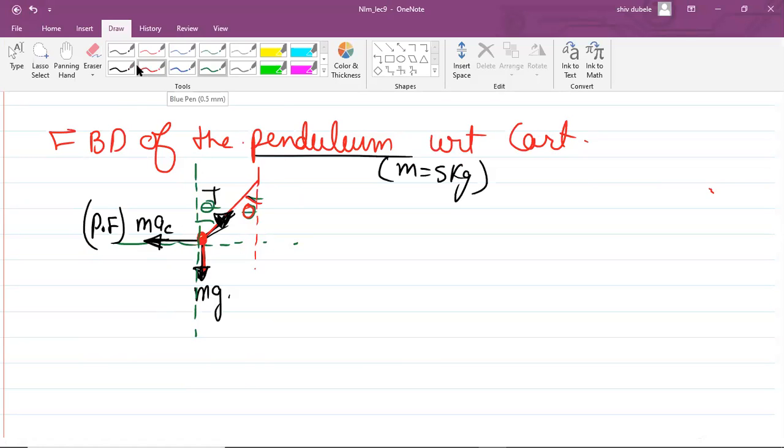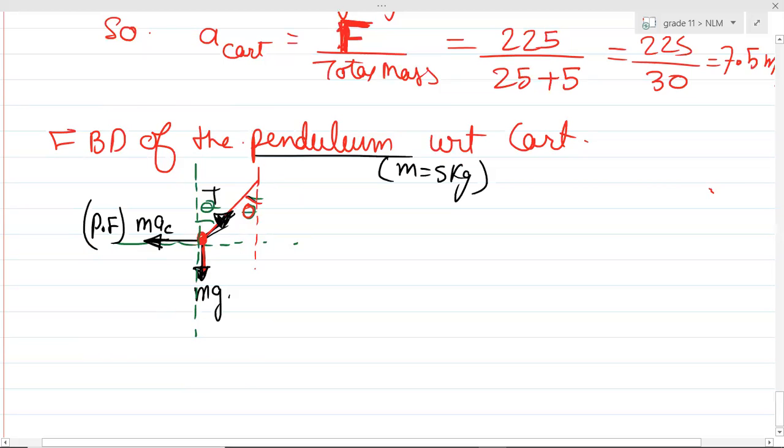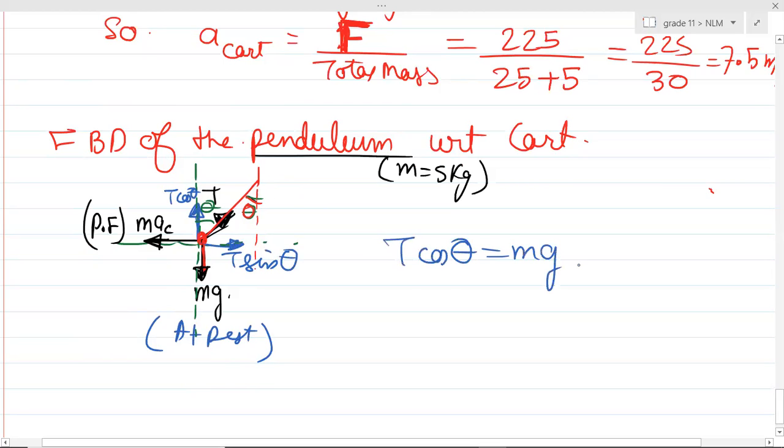And I'll resolve the tension into two components, T cos theta and T sin theta. Since this block was at rest with respect to the cart, T cos theta should be equal to mg and T sin theta should be equal to mass into acceleration.